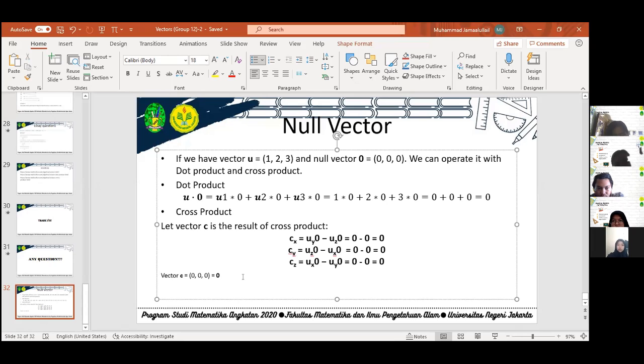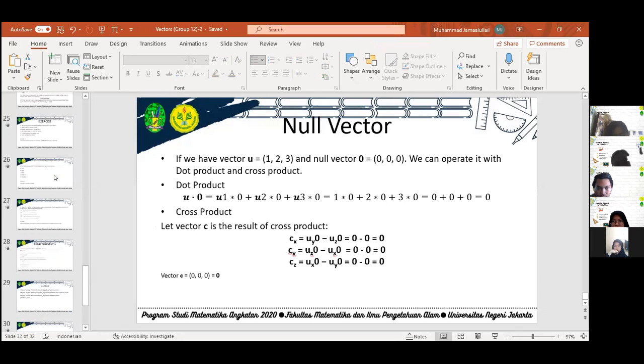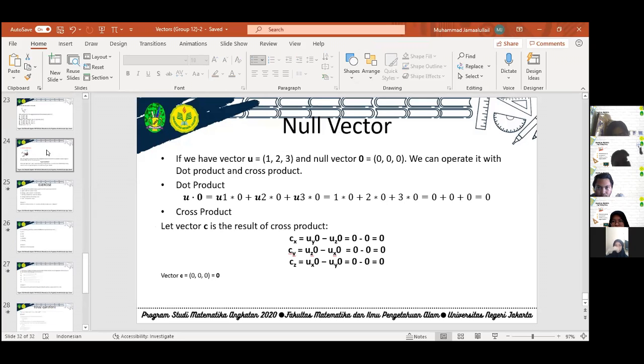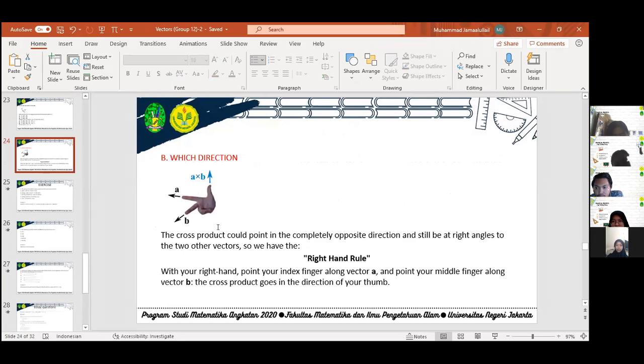So the null vector can be called a point in the Cartesian coordinate.